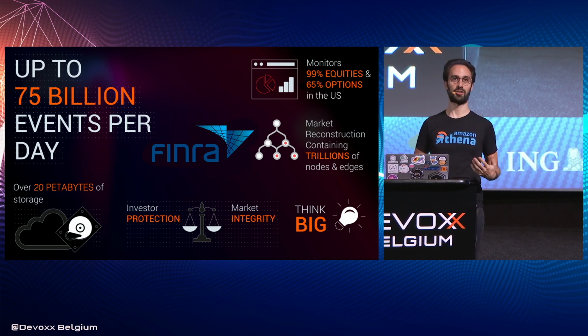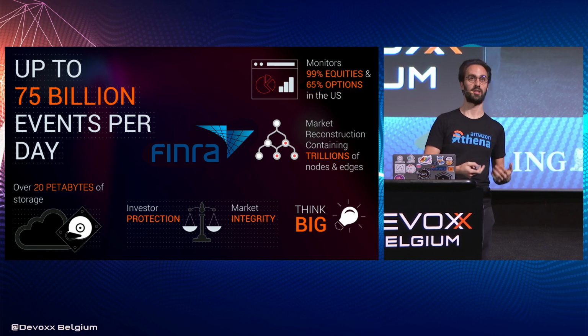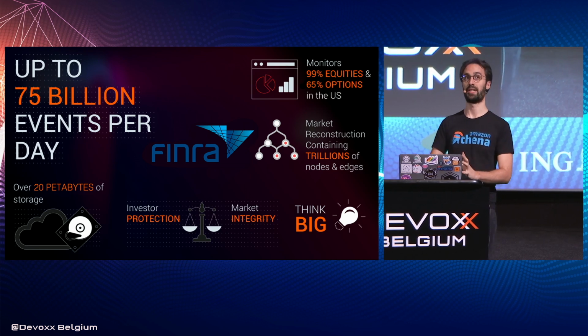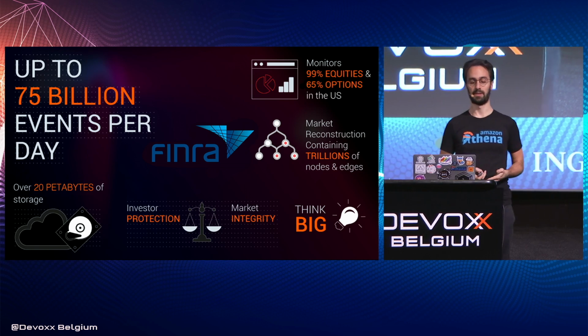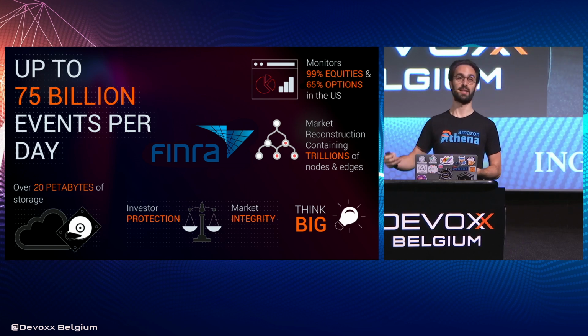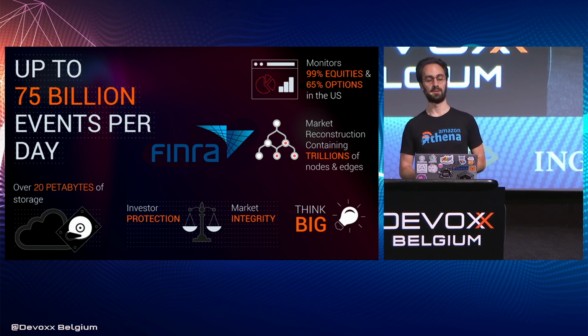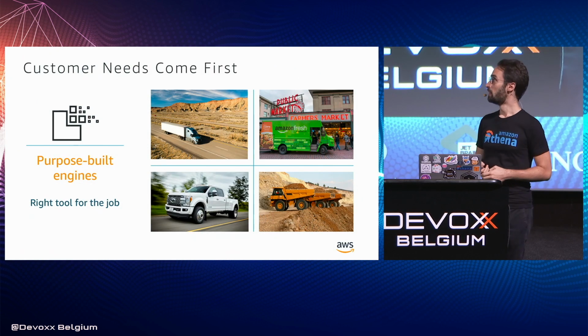So kind of a large, big data use case with real financial institution regulations and constraints. This is the kind of scale that we're talking about nowadays. It's not a few gigabytes anymore, it's not a few hundred gigabytes, it's petabytes, and they are planning to go beyond that to the exabyte scale. So that's where we are moving as a market.